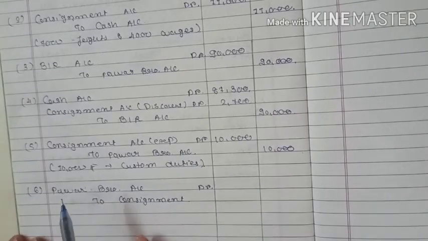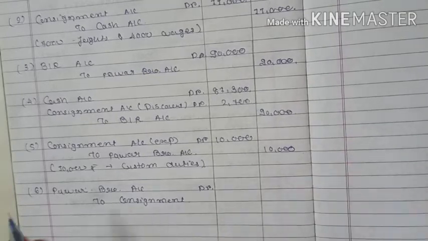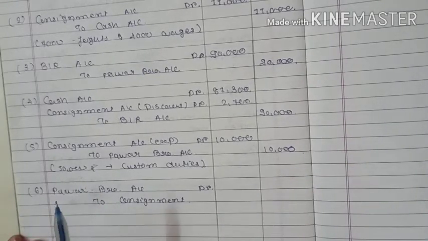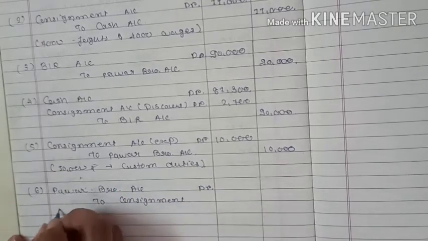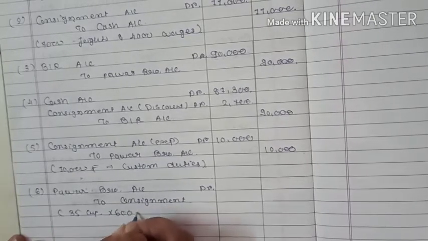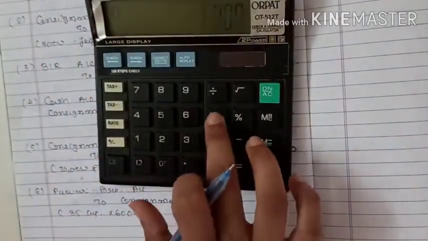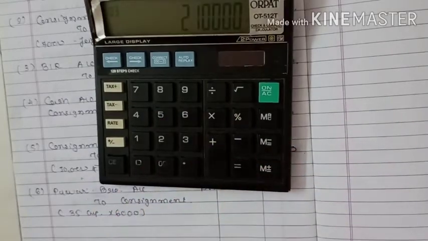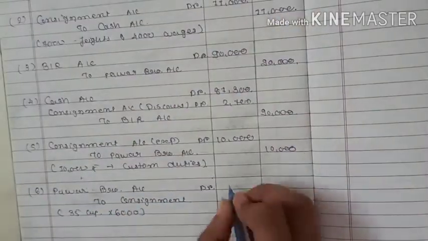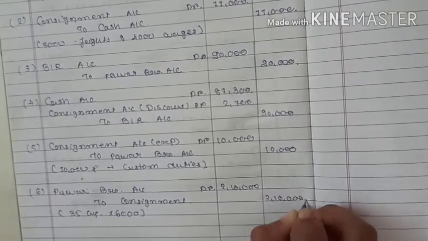The consignee is selling the goods on behalf of the consignor. So we will write it on the credit side of consignment. Who is sending? Consignee. So we will debit the consignee. Consignee account debit to consignment. Let's find out the amount. 35 cupboards at a rate of rupees 6,000 each. So 6,000 into 35, it will come 2,10,000. Right?